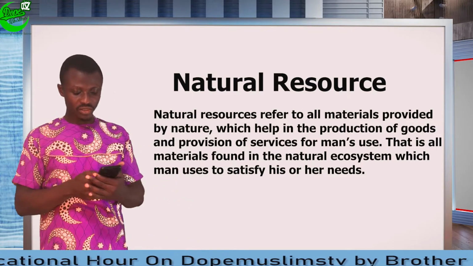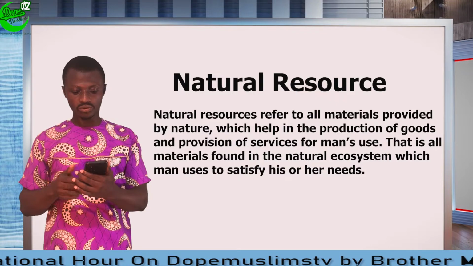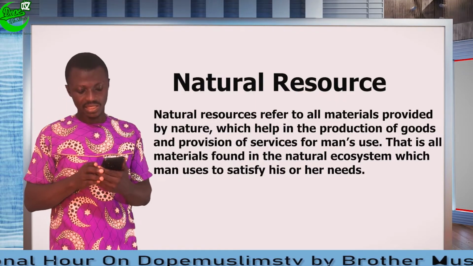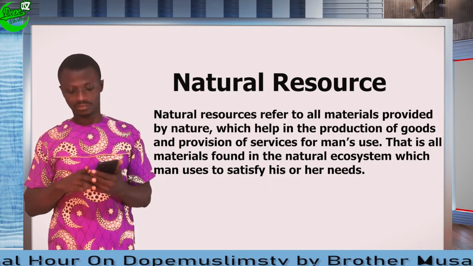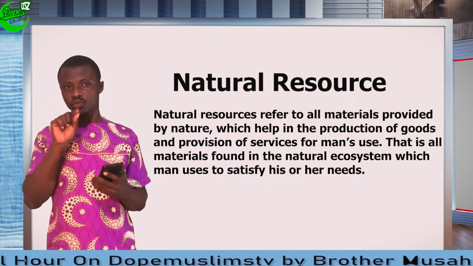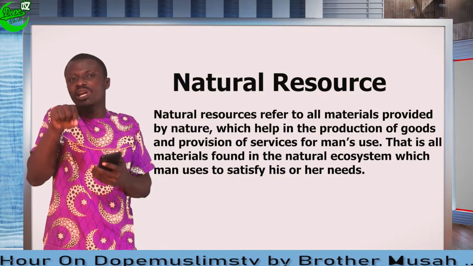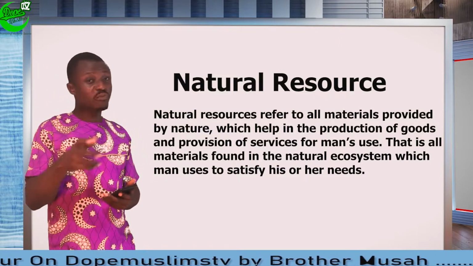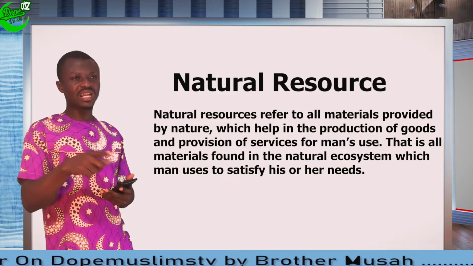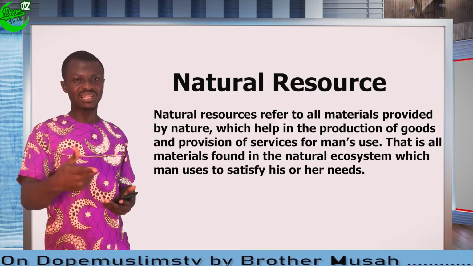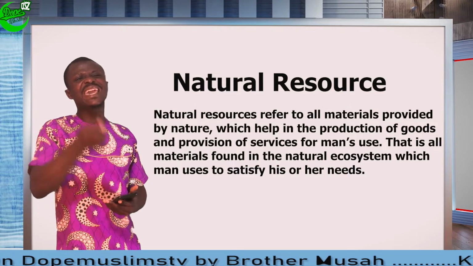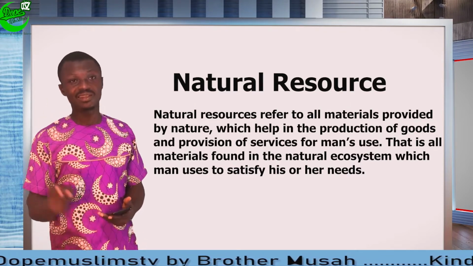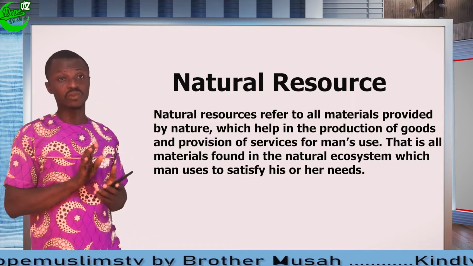So natural resource can be explained as referring to all materials provided by nature which help, let's also take note here, which help in the production of goods and provision of services to satisfy human needs. So when you have something that was provided by nature, but that very thing doesn't aid in any production or help in providing services, that cannot be classified as a resource.